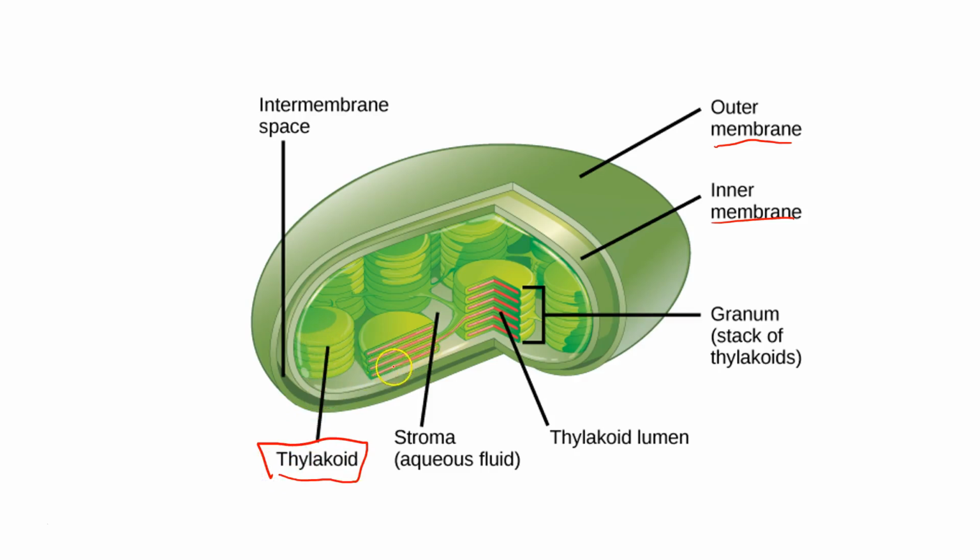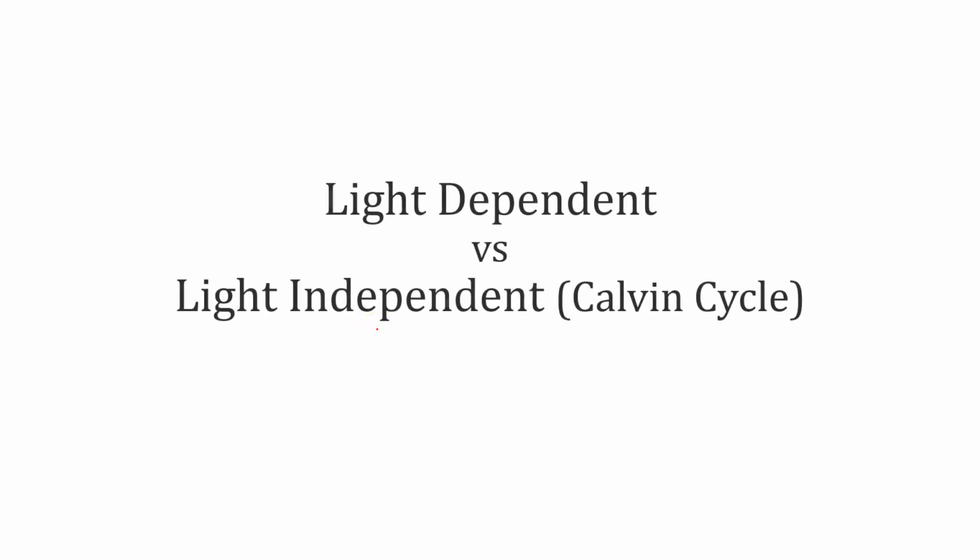If you stack a whole bunch of discs up, it looks like a big stack of pancakes known as a granum. This is where photosynthesis is occurring. A lot of it occurs along the thylakoid membranes, and a lot of it occurs in this empty space here too, which is filled with a fluid we call the stroma. So that's where it's all occurring, photosynthesis.